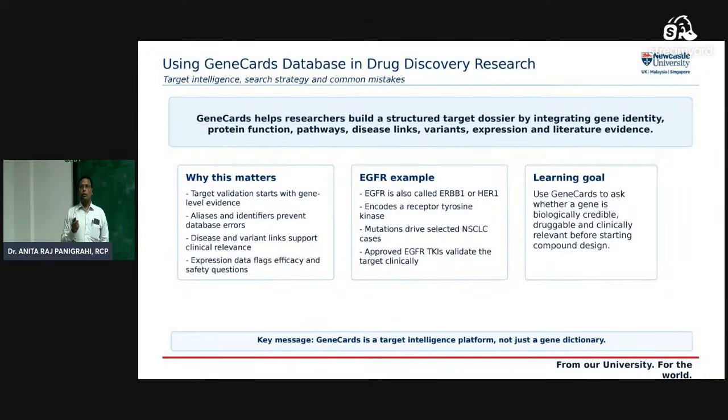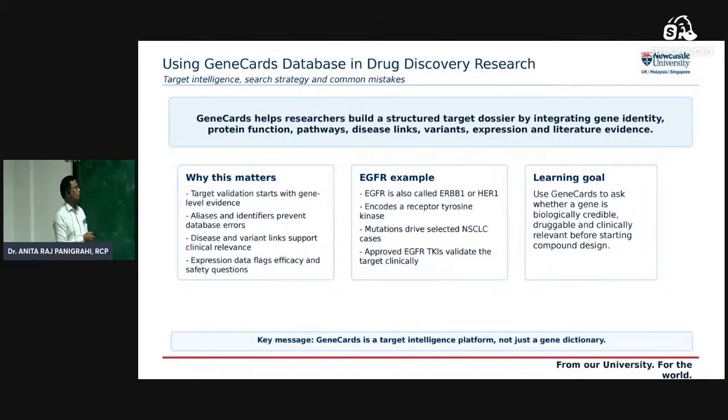Then the question is where should we obtain that information from, and that database is GeneCards. GeneCards helps researchers build a structured target dossier by integrating gene identity, protein function, pathways, disease links, variants, expression, and literature evidence. That means with GeneCards you can get lots of information, and every day it is being updated.